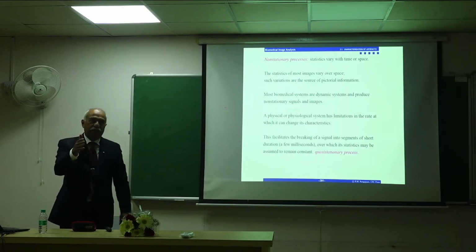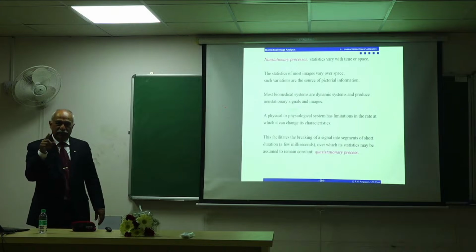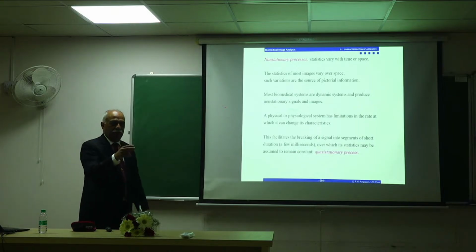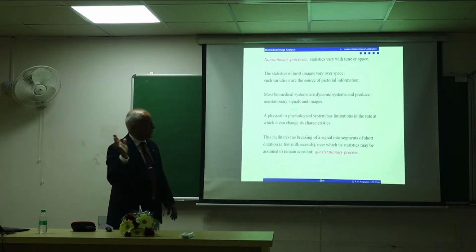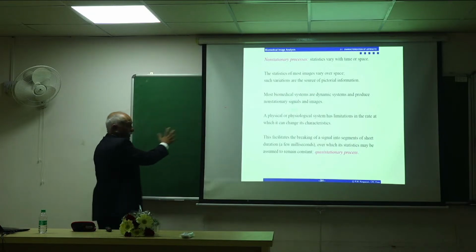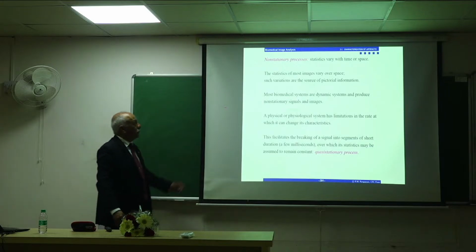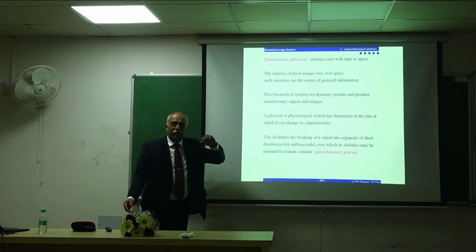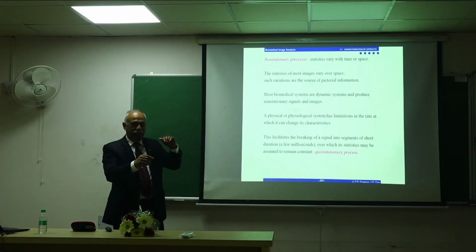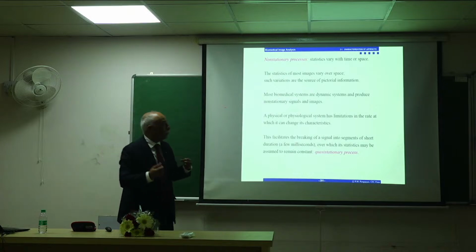So the spectral characteristics change within one cardiac cycle, over every 20, 30 milliseconds the spectrum changes. The same in images, things change. So most of the images we see are non-stationary because the systems generating them are dynamic. They are varying with time.